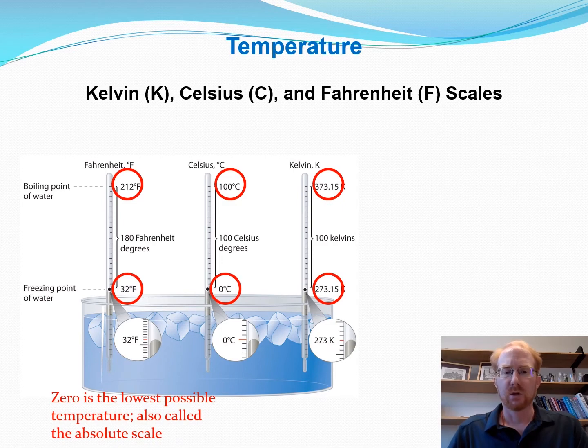On the absolute scale, the Kelvin scale, we needed that because for some of the calculations we need to do, it's impossible to have negative temperatures. If we use either the Fahrenheit or Celsius scale, we can clearly see that negative temperatures are possible. But some of our calculations won't allow a negative temperature value, so we needed an absolute temperature scale to always provide us with a positive value.